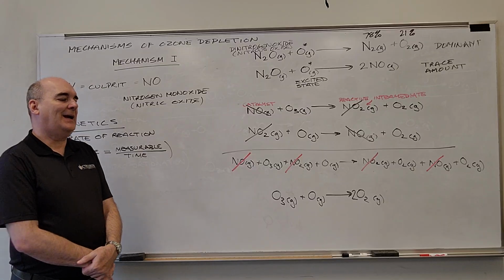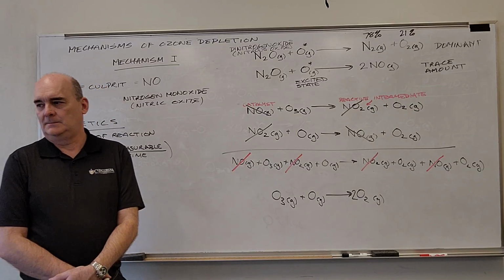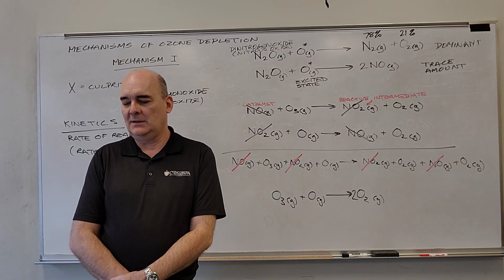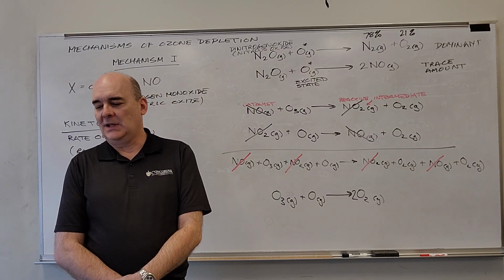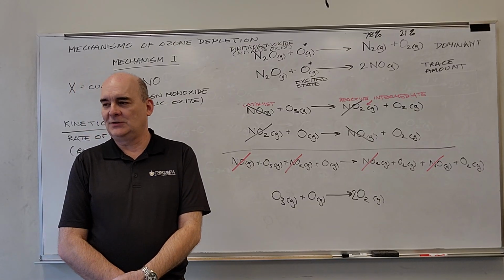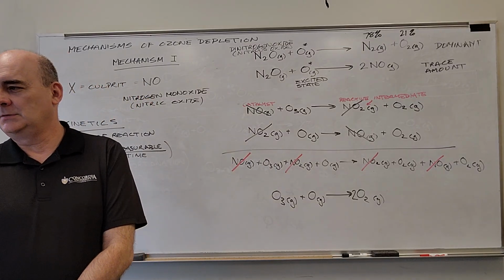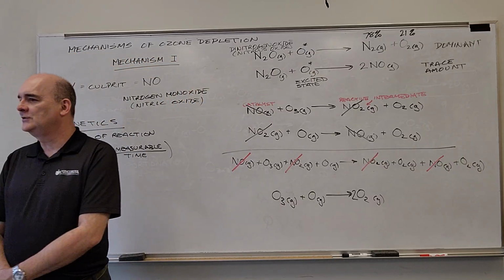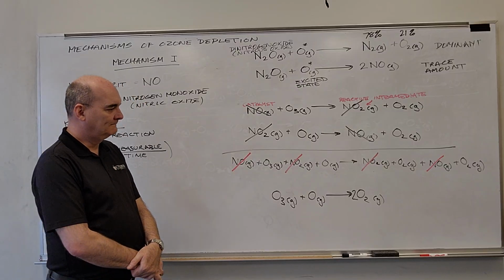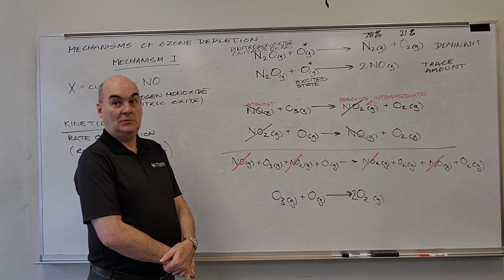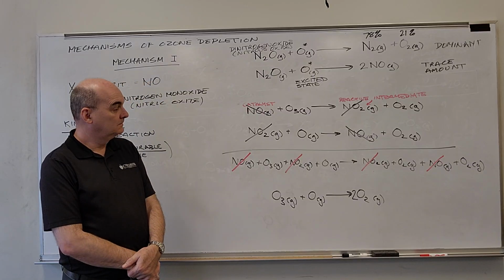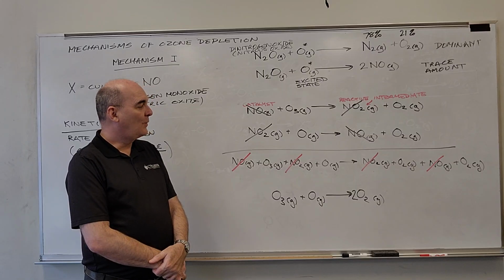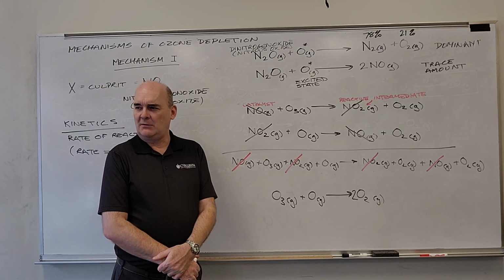When looking at a reaction, what do we investigate? What can we get information about? If I want to know how to make this reaction go faster or slower, what options do I have to vary?